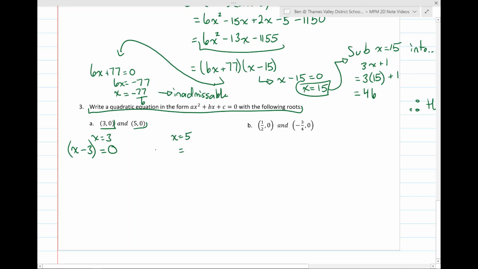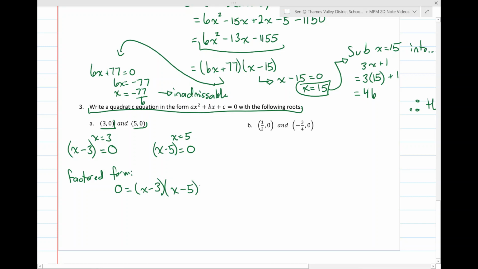So we subtract 5 from both sides. That's x minus 5 equals 0. That's my second factor. So since I have my two factors, I could write it in factored form. That is 0 equals x minus 3, x minus 5.